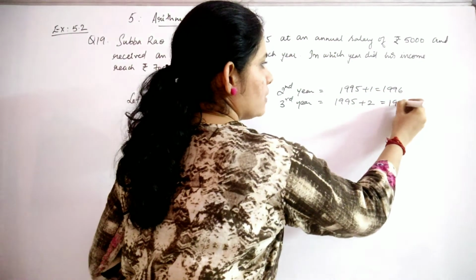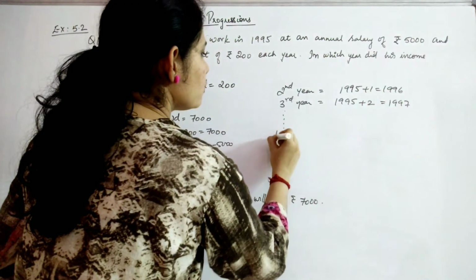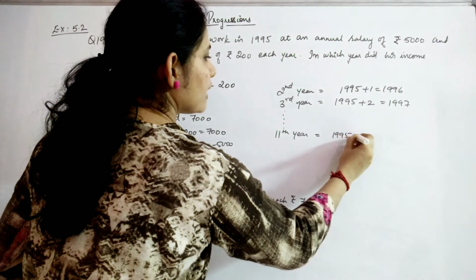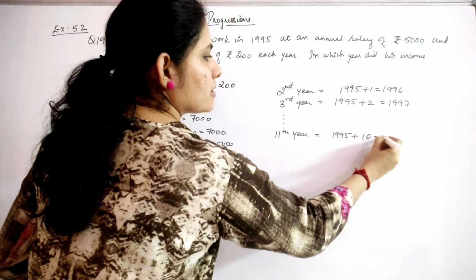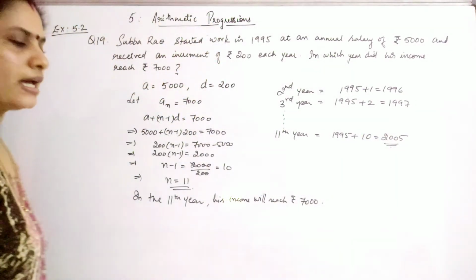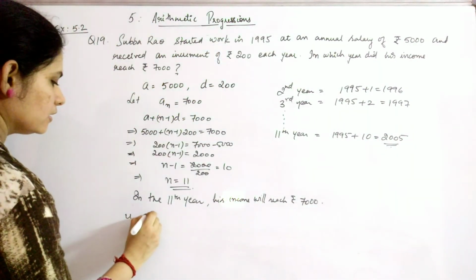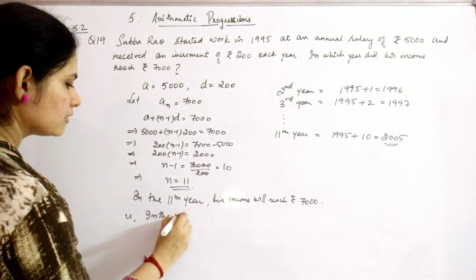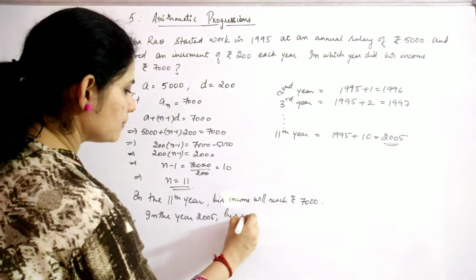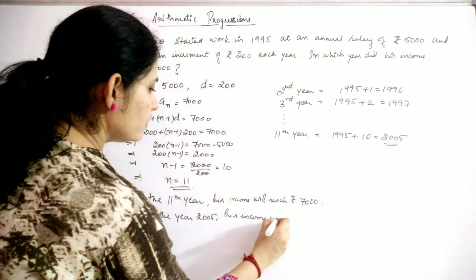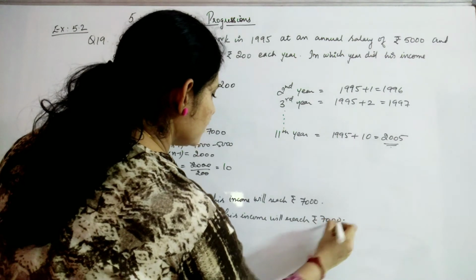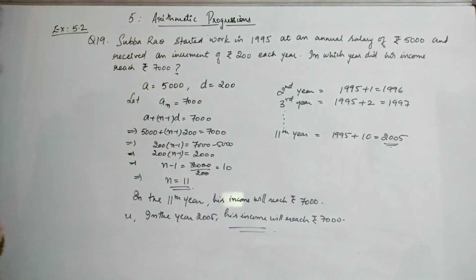So this is giving you 1997. So similarly, if you go for the 11th year, what you need to add to 1995 is 10. So you are getting the year to be 2005. Okay, so in the year 2005 his income will reach rupees 7,000. Okay.